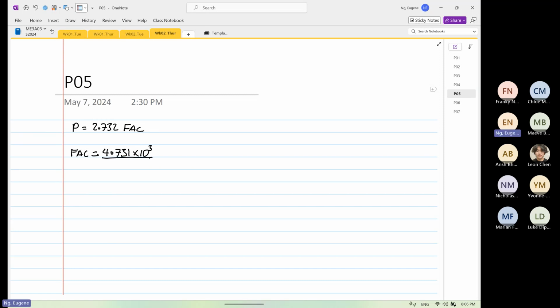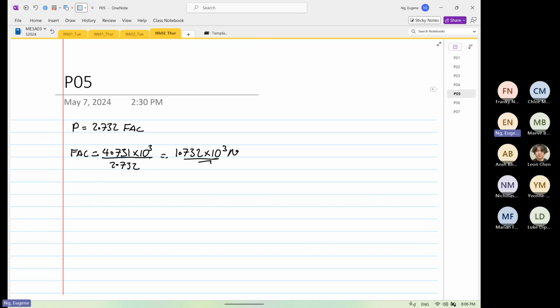Then we have to divide by 2.732. So this is now 4.731 times 10 to the power 3 divided by 2.732. So now this is equal to 1.731, or 1.732, times 10 to the power 3 Newton.